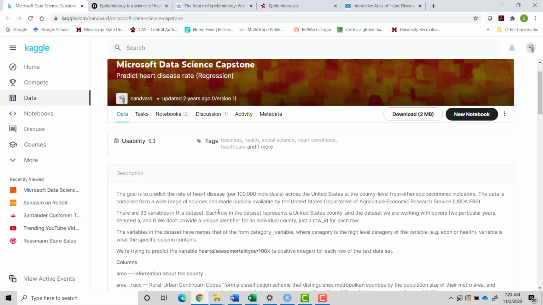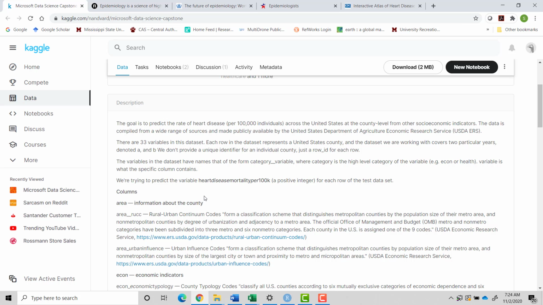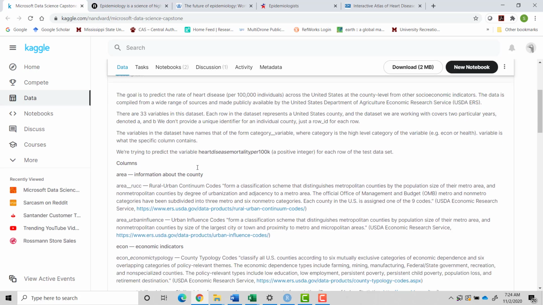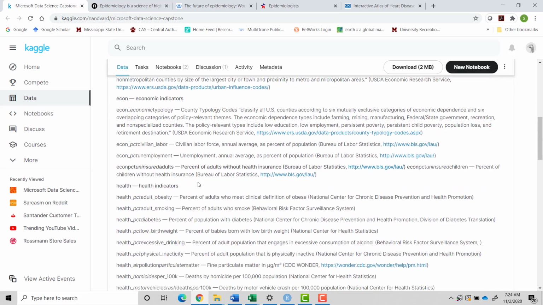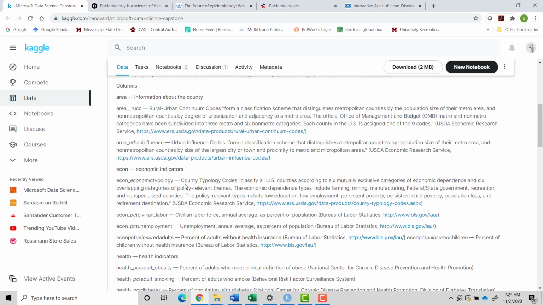We're trying to predict rates of heart disease for different zip codes. So this is almost an epidemiology application, a little different from some of ours, but I think it's a generally nice, interesting regression data set.